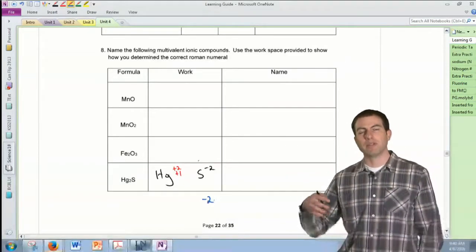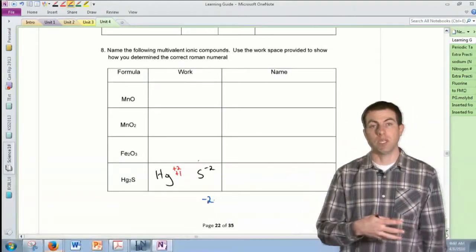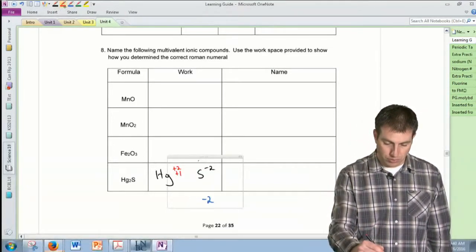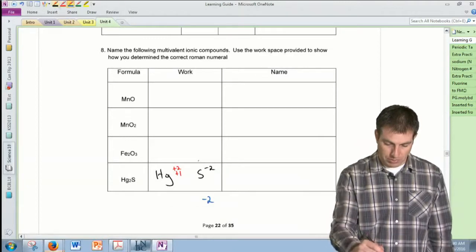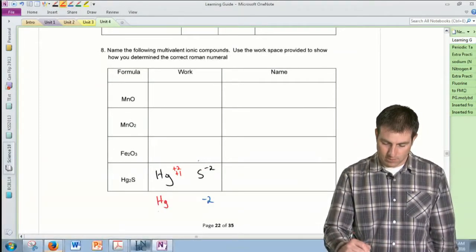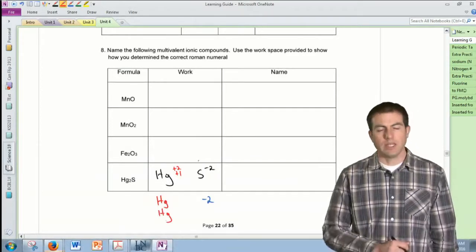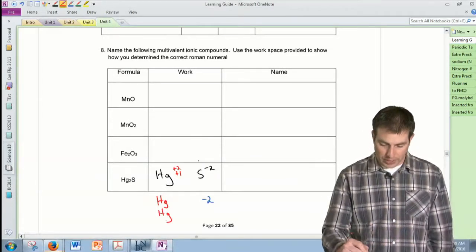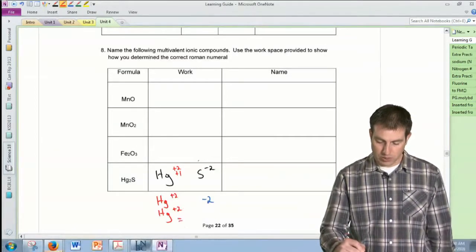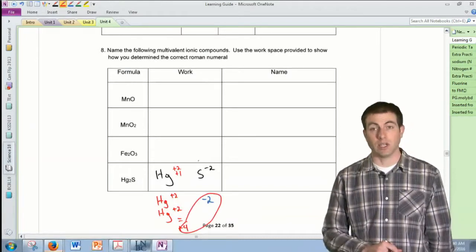What has to happen with the mercury to give me the opposite of that, a +2 charge? Well, I have 2 of them. So my mercury is going to be Hg and Hg. Now, if I have 2, and they both had, let's say, a charge of +2, which was one of my options, that together would give me a charge of +4. And +4 does not balance out -2.